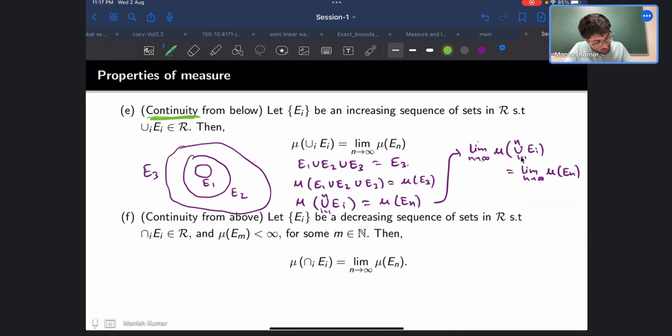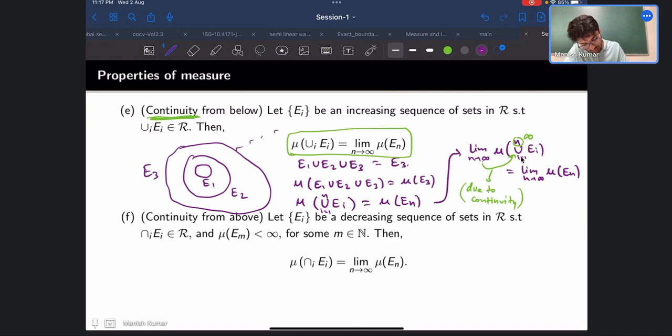So when you take this limit inside, you get the union up to infinity, and this is possible due to continuity. So this is the reason why we call this statement continuity. And why from below? You can clearly see why, because from down we are going upwards in this sense. So that is why it's from below.